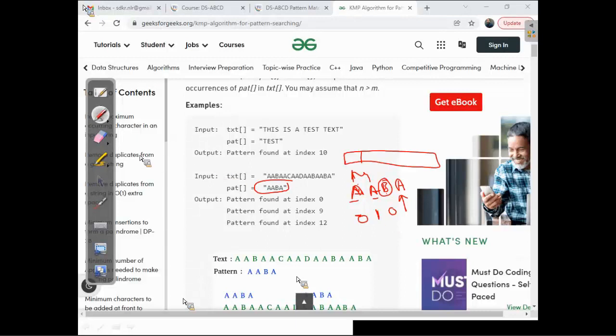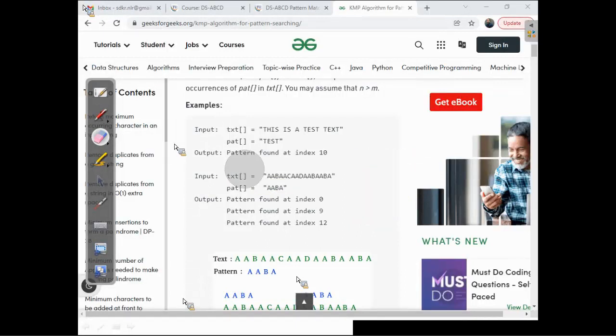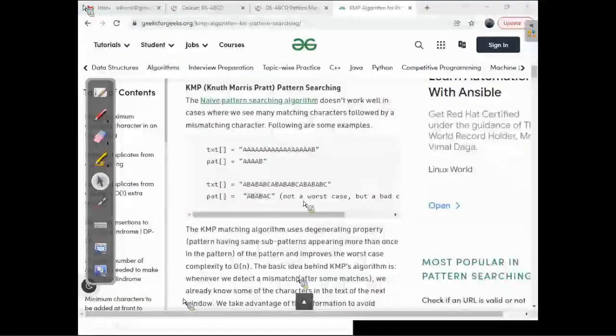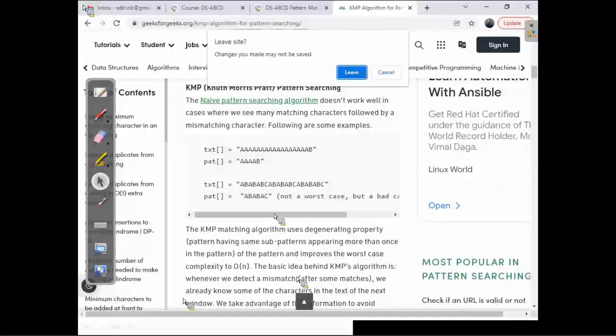Now, I don't know whether I have a better string for you to compute a pattern. Okay, let's take this string and compute its failure matrix. Let's see how you compute.